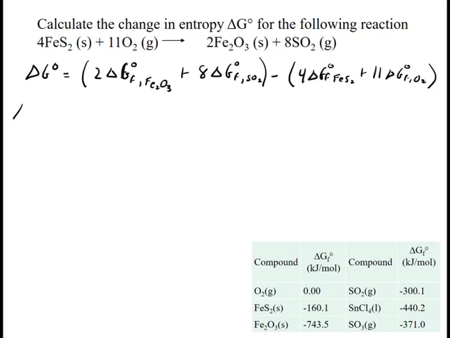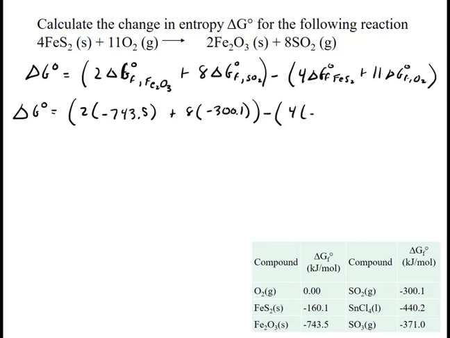Okay, so I'm going to get these numbers. So I have 2 times a negative 274.6. Oops, I'm sorry, I was looking at the wrong paper. Problem with writing out my problems beforehand. A negative 743.5 plus 8 times a negative 300.1 minus 4 times a negative 160.1 plus 11 times 0.